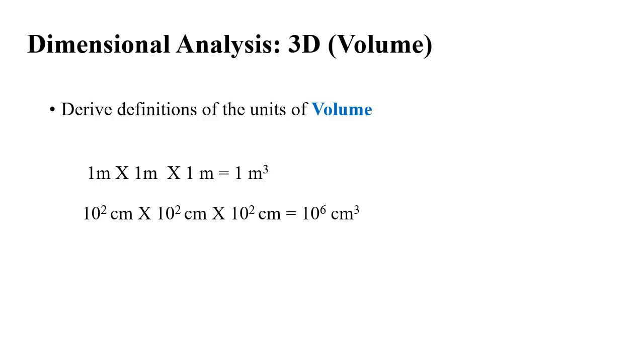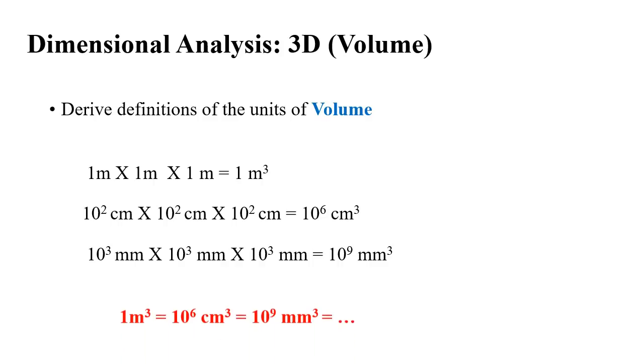In centimeters, it will be 100 centimeters multiplied by 100 centimeters multiplied by 100 centimeters, and that is a million centimeter cubed. In millimeters, 1 meter is 1000 millimeters, okay, and that is 10 to the power 9 millimeters cubed. And the definitions are now: 1 meter cubed is actually 10 to the power 6 centimeter cubed, which is 10 to the power 9 millimeter cubed, and you can just continue to define the other units.